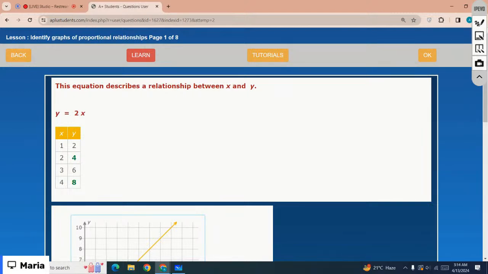You are given the equation y equals 2x and a table of values. When x is 1, y is 2. When x is 2, y is 4. When x is 3, y is 6. When x is 4, y is 8. You have to graph this proportional relationship.